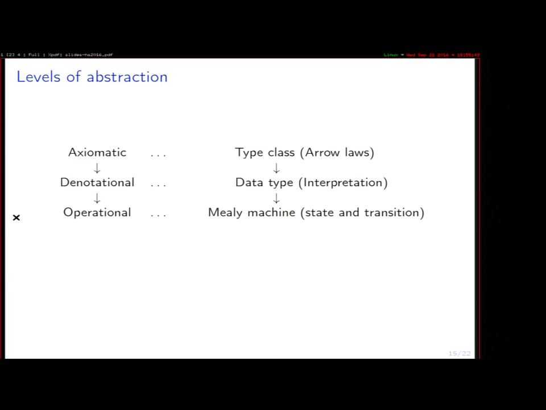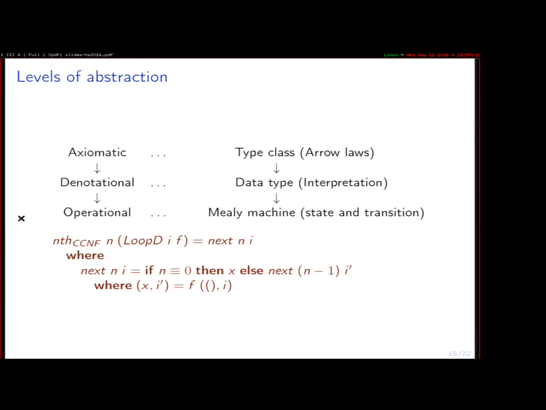And if we tear down the data type, if we look inside the data type, what was captured in the case of a CCNF is actually a state and a state transition function that corresponds to a Mealy machine, which is an automaton. And this can be regarded as operational semantics. So in a nice sense, this work connects the three levels together.